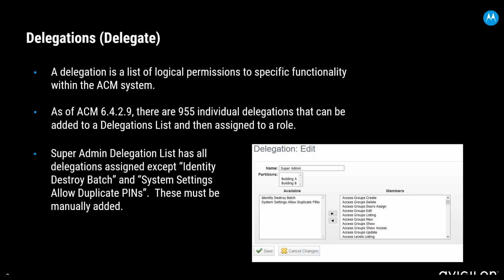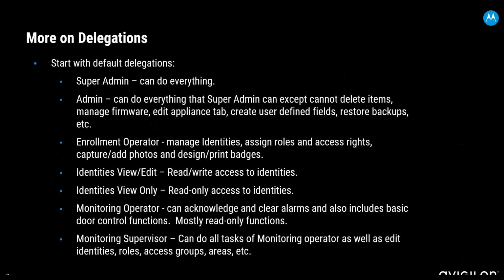The reason these aren't enabled by default is because we want you to really be sure that that's what you want to do. We don't want you to accidentally delete identities or accidentally turn on duplicate pins, because once you turn on duplicate pins in the system, you cannot go back. So we make you take the extra step of adding those delegations to this super admin delegation list before you can perform those actions.